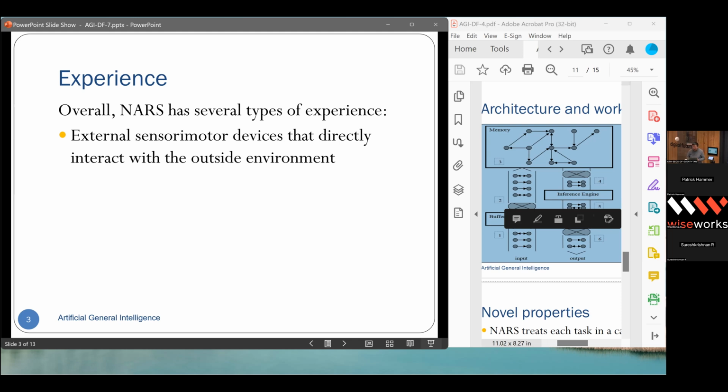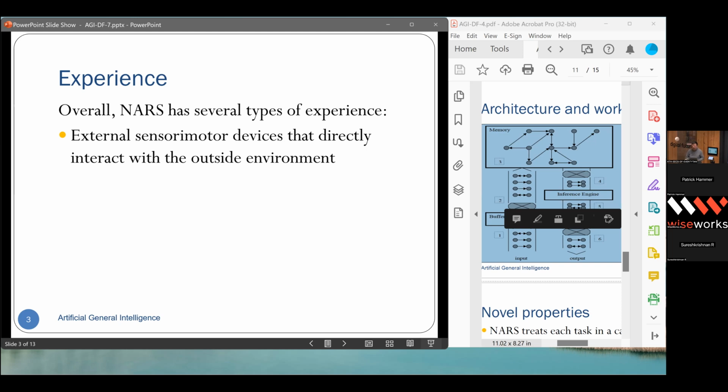The most typical example is a robot or some kind of sensor or actuator. It's directly connected to NARS and provides input to the system and also executes operations as a form of output, which will directly work on the environment.